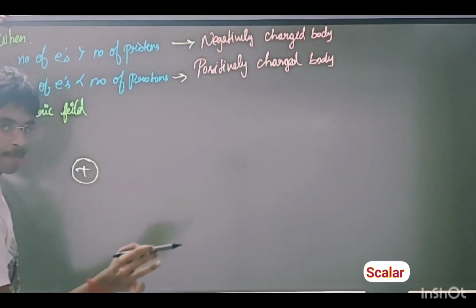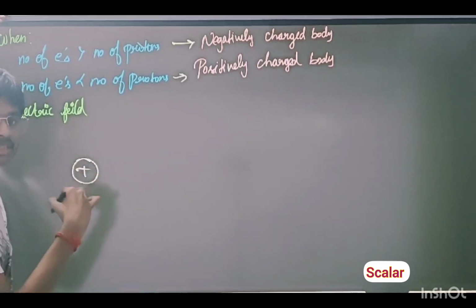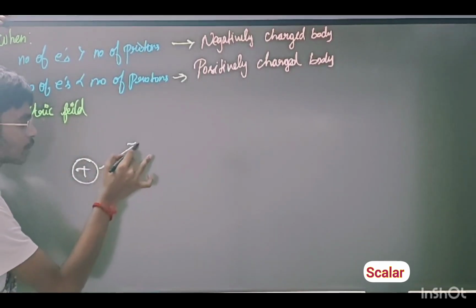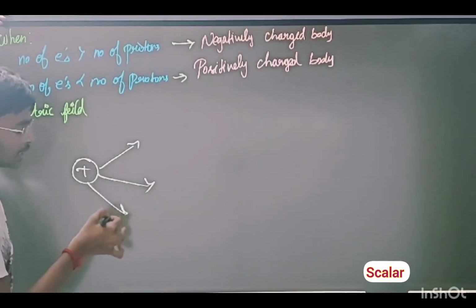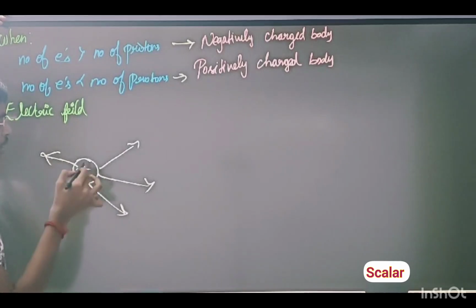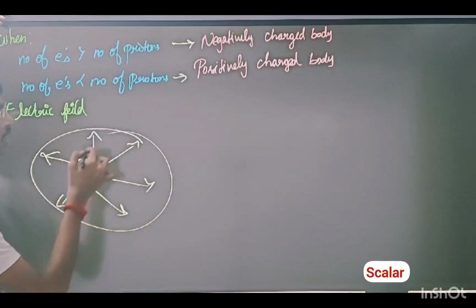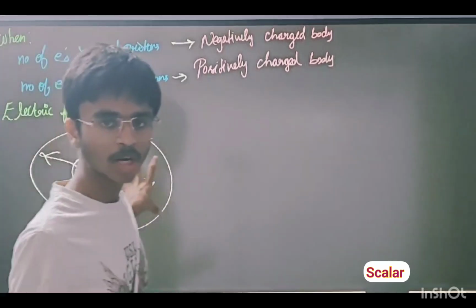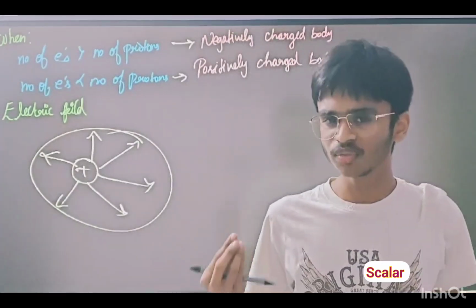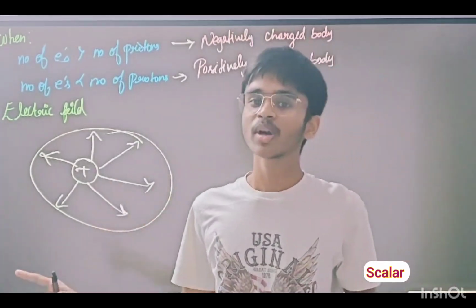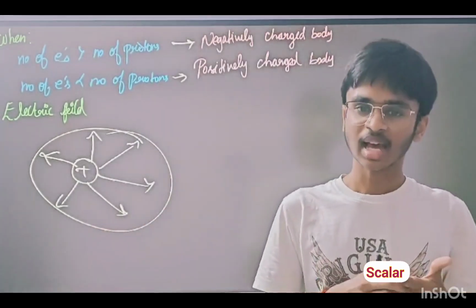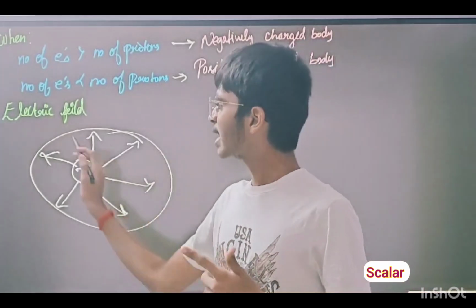Since it is a charged body, there will be some amount of field that it is going to produce, some influence in its surroundings. That influencing area will be called the electric field.